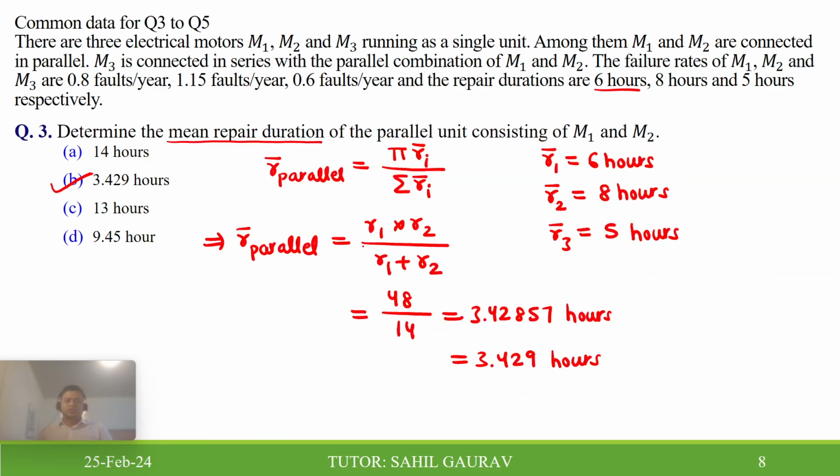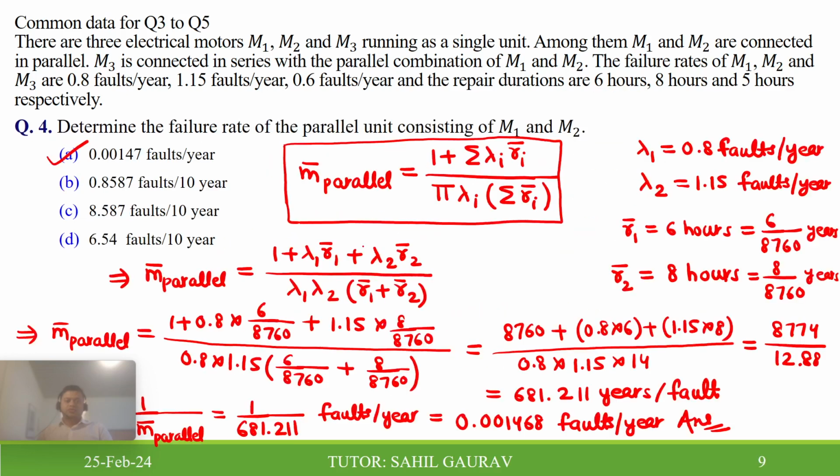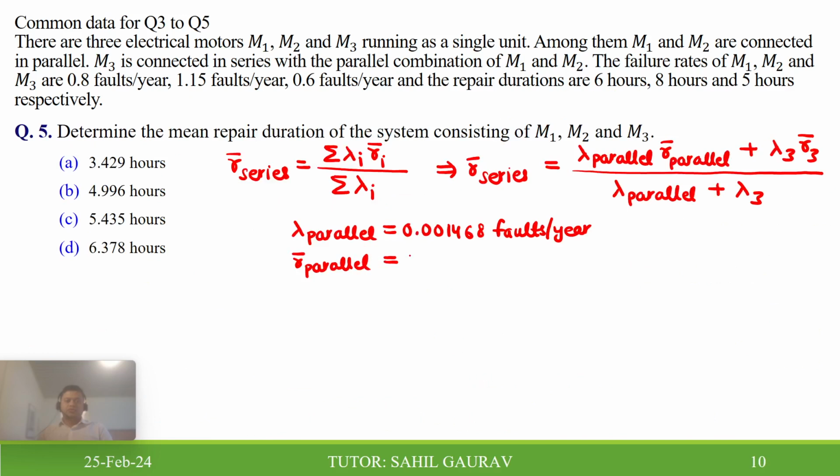We have found in question number 3 that it is 3.429 hours. So R bar parallel we have found as 3.429 hours.